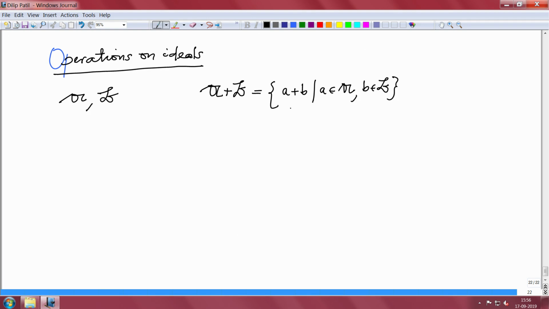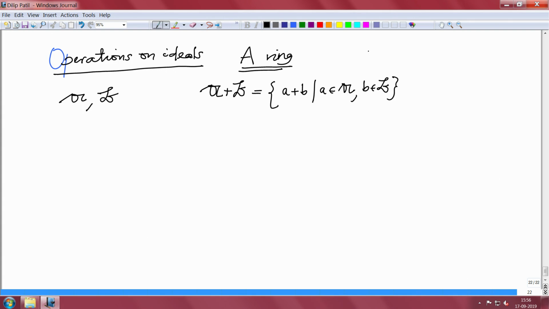This is obvious because what you can check is, it is a subgroup and it is closed under arbitrary multiplication by an element in the ring A. So here our ring is fixed, A is a ring and we are considering ideals in that ring.